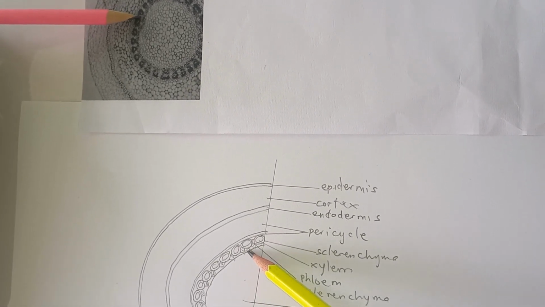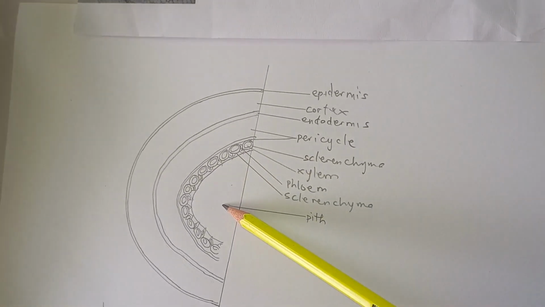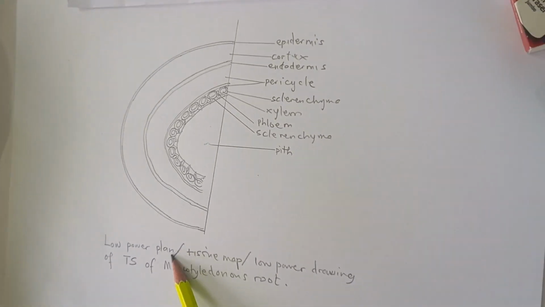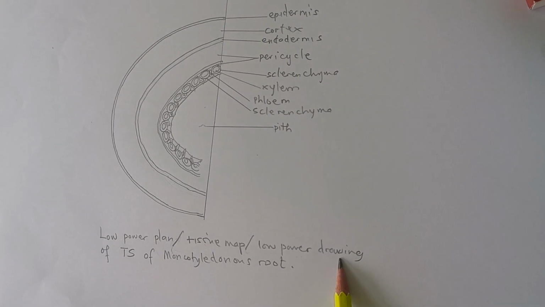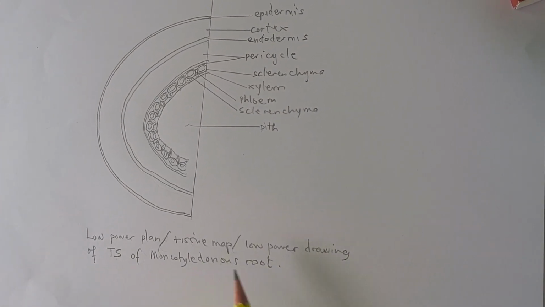And then you have some sclerenchyma around here too, and then we have the pith. So that is the low power plan or tissue map or low power drawing of TS of monocotyledonous roots.